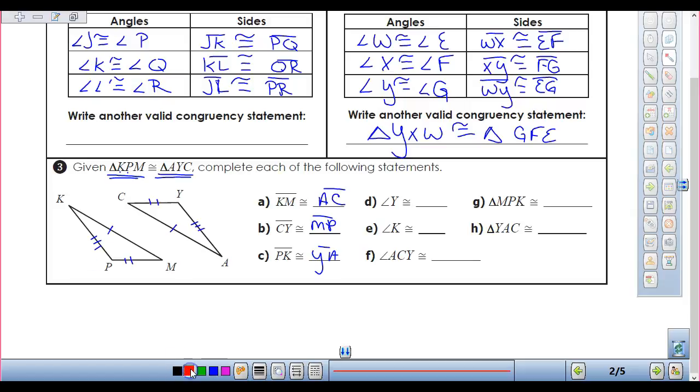Angle Y goes to angle P. When we do angles, there are little arches in the angle, so that one would have one arch. Angle K goes with angle A. Since I used one arch already, we go two little arches.